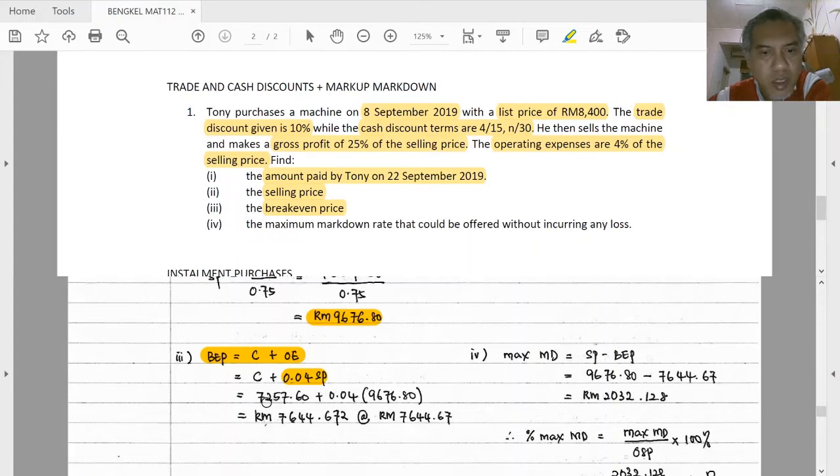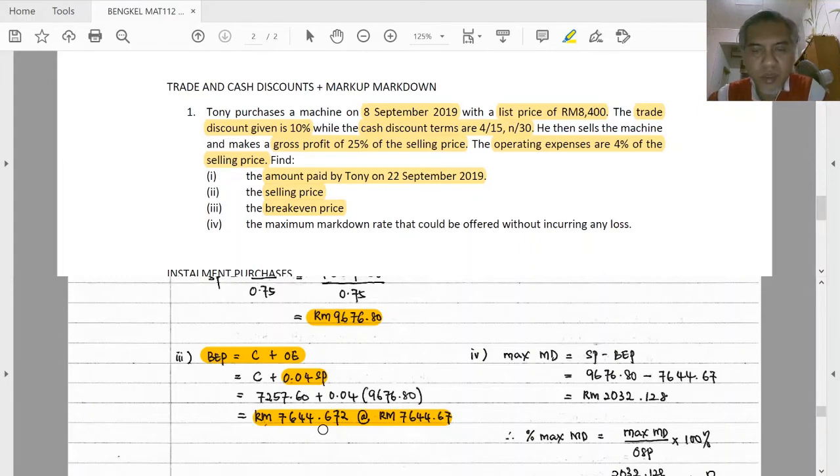Substituting the correct values, you have 7257.6 replacing the cost, and then 0.04 multiplied with the selling price that we have just found, that is 9676.8. Calculating this value, you get the answer to be 7,644.67. So that is the break-even price.